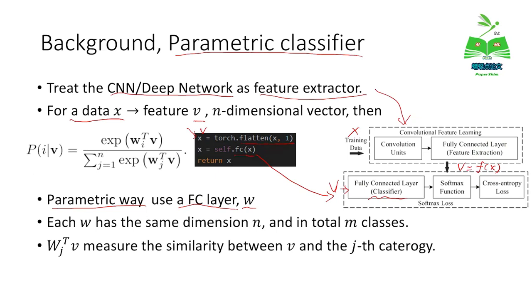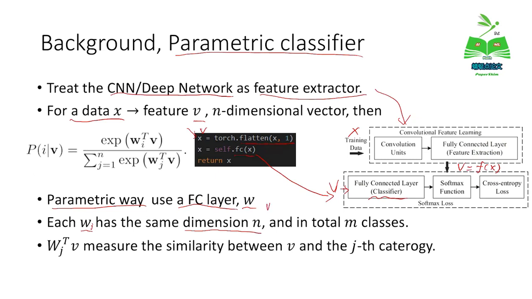So for this layer, it's a matrix. Basically, for each Wj, each row has the same dimension n as V.